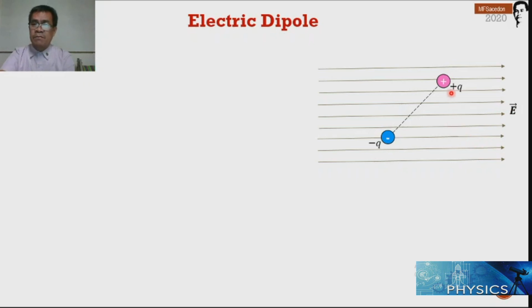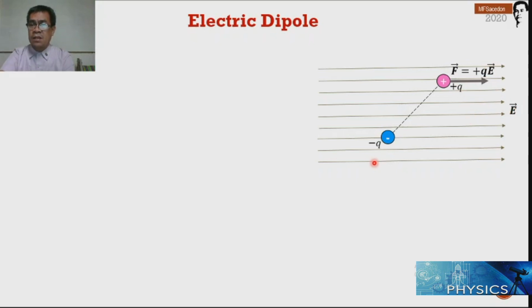By definition, the force on the positively charged is equal to the product of the charge magnitude and the electric field. And the direction of the force is the same as the direction of the electric field because this is positively charged. Meaning if we multiply this by the electric field, the result is positive. Positive means it is in the same direction as the electric field.